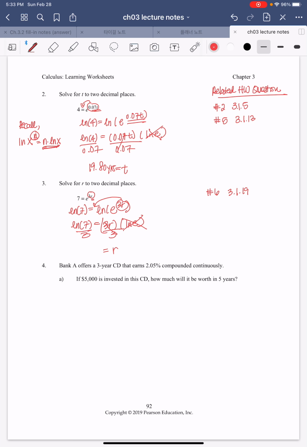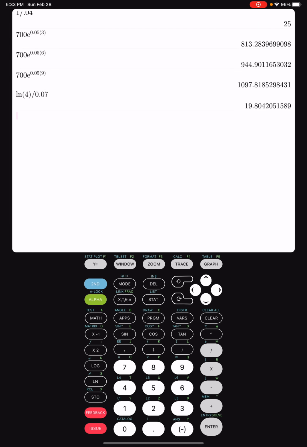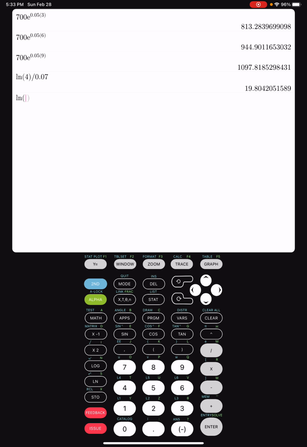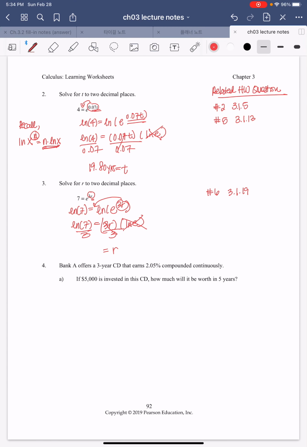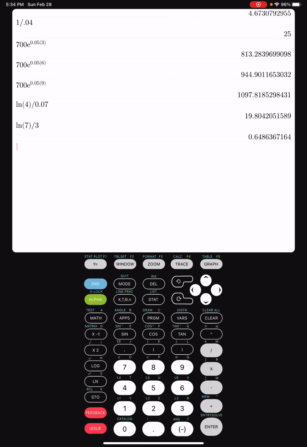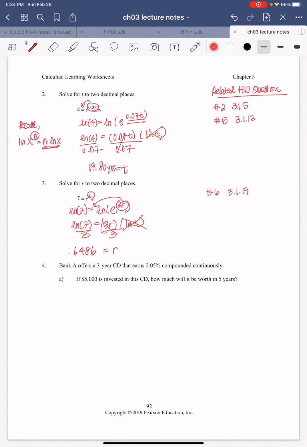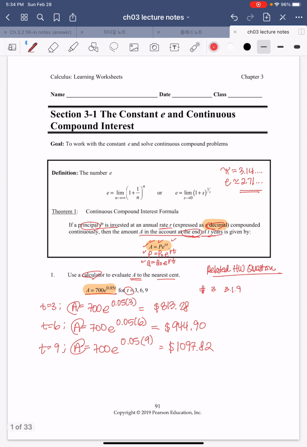Now if you put that on the calculator, you have ln 7 divided by 3. You have 0.6486. Now here, we have to be careful. It's 0.6486 and then a really long decimal. But remember, R was rate, right?